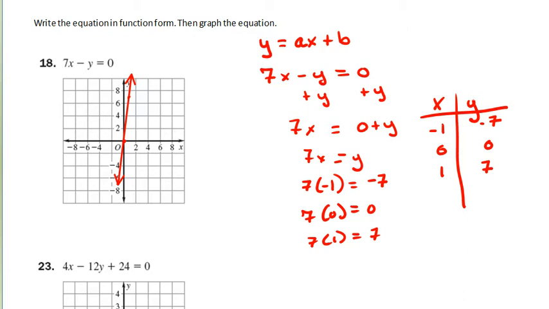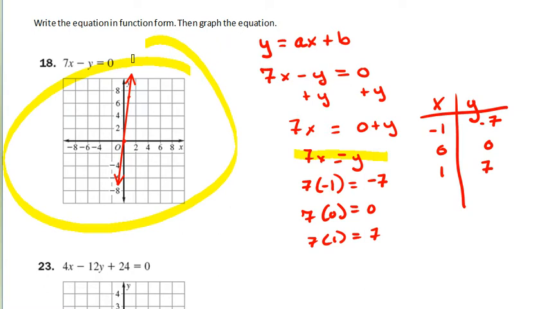So I've written my equation in function form, just here, 7x equals y. And I graphed my equation.